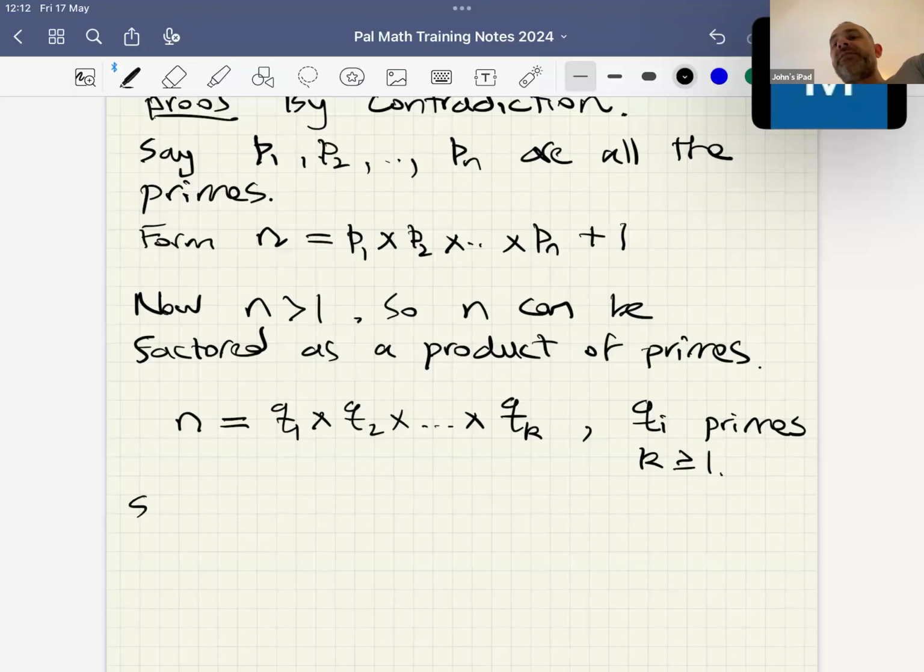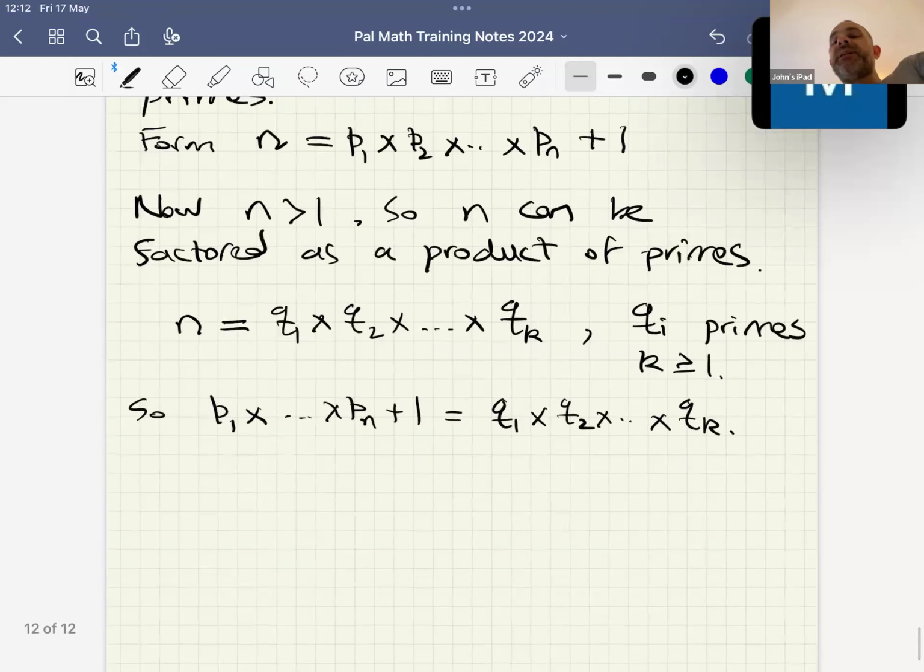So now we have an equation that says p1 times p2 up to pn plus 1 is q1 times q2 up to qk. But p1 up to pn are all the primes.